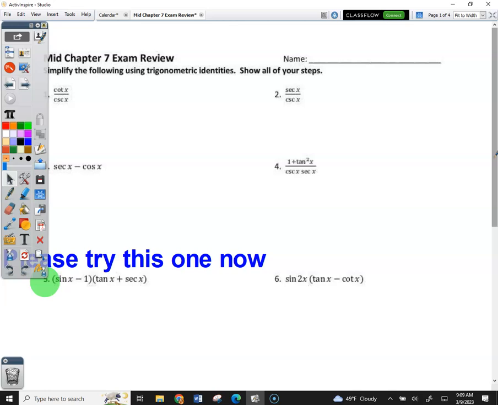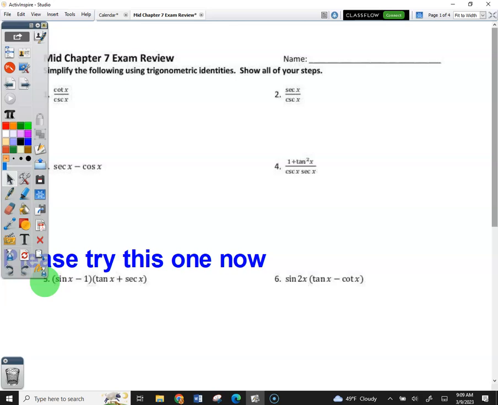I will tell you right now that on 1 through 7, you will not have any fractions when you're done. Like your final, oh, I'm done, there should be no fractions at all, okay? And in fact, one of them comes down to just a number. Like no trig at all. Stuff cancels. It comes down to just a number. So keep that in mind.